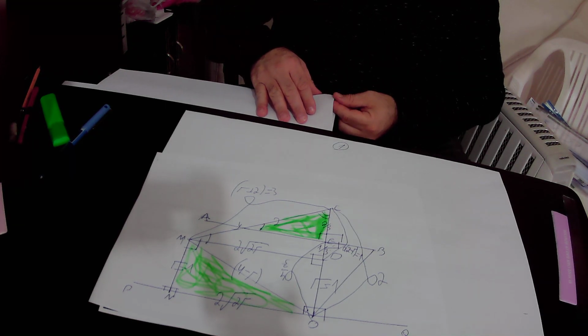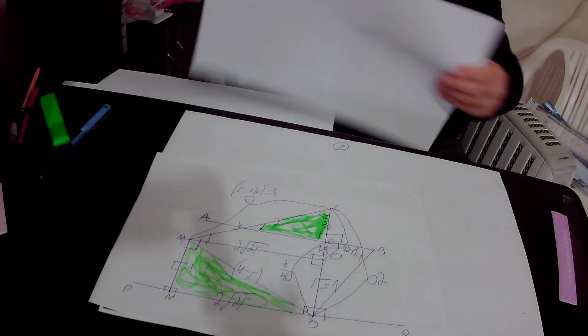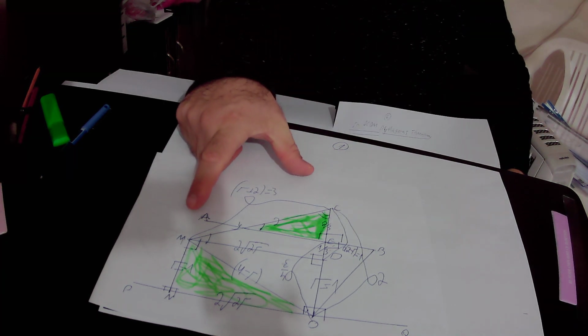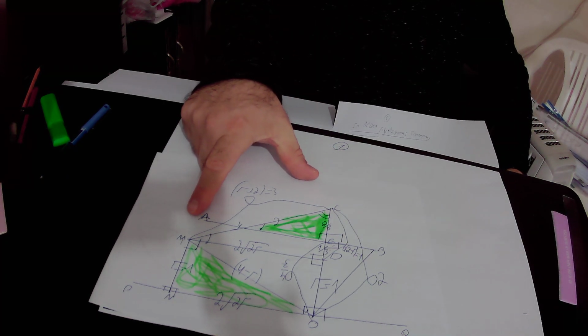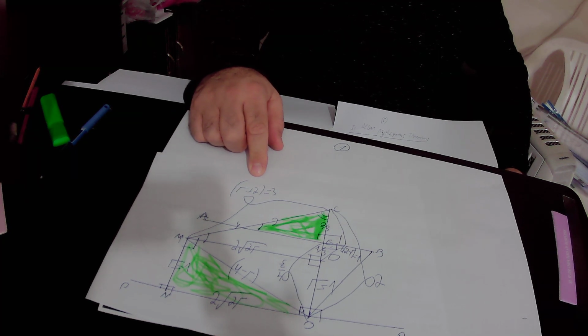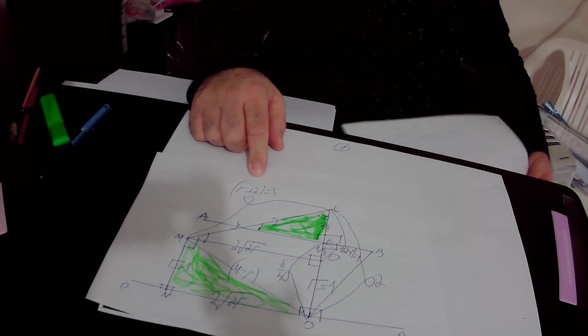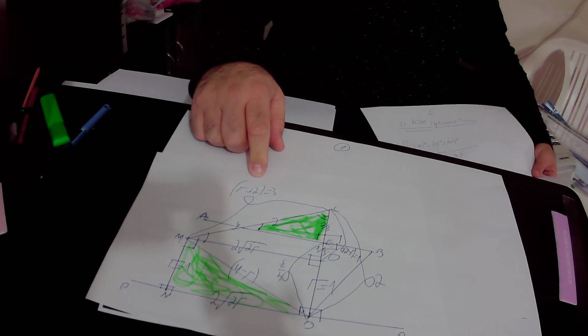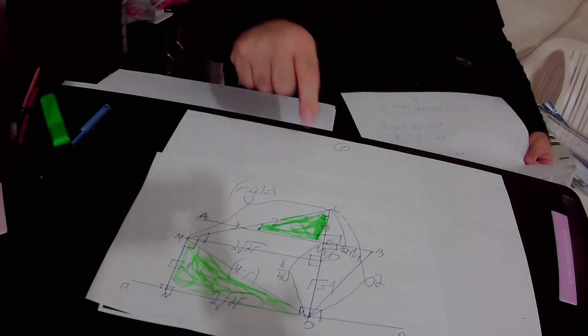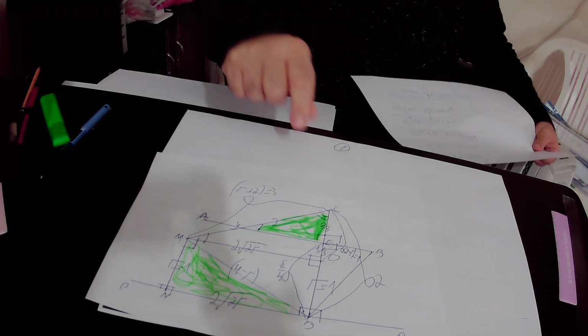Then what is the value of MC? The value of MC is R plus 2. We've already found out that MC is R plus 2. So MC equals R plus 2 and CD equals 2 minus R. So we focus on the right triangle CDM.